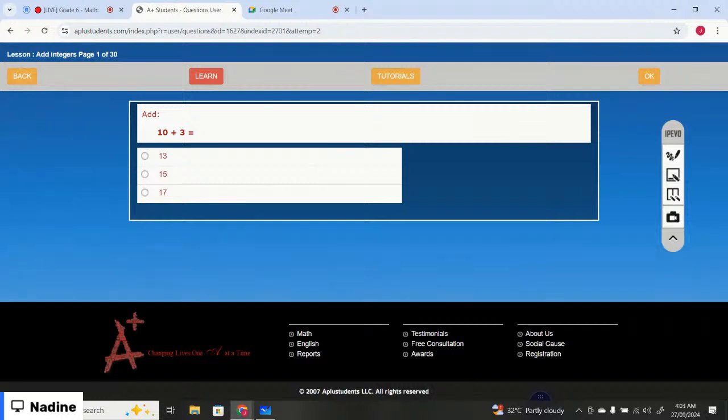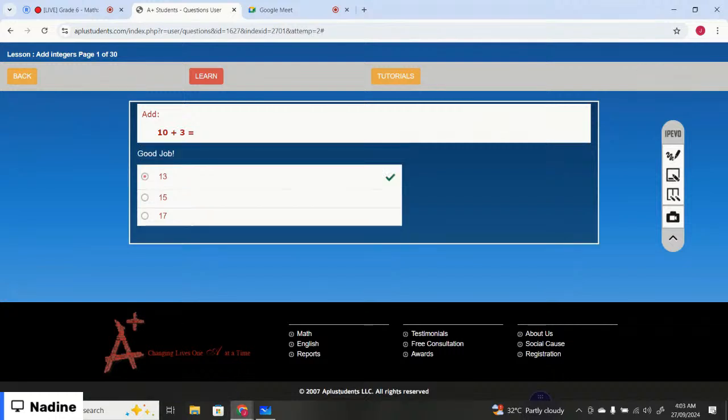So 10 plus 3 is 13, right? You are going to add two positive integers. You simply have to add them. So 10 plus 3 makes 13. Option number 1 is the correct option.